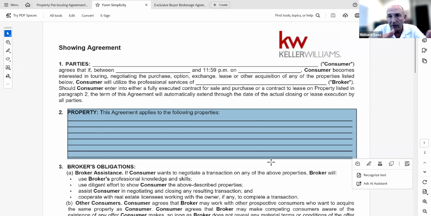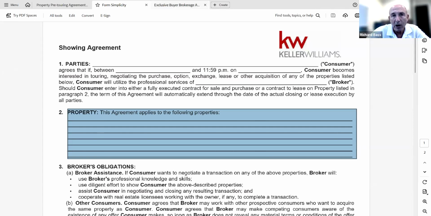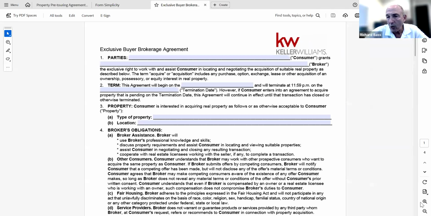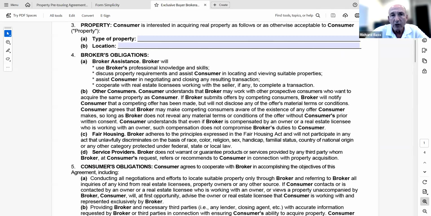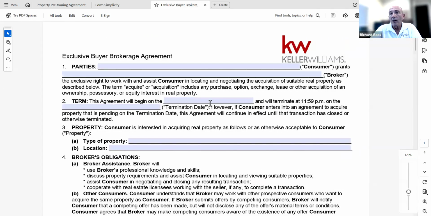They're a shopper, they're a consumer. You're agreeing to show them those 4 shoes. If they buy them, you get paid for it. My personal belief is, if you're doing your job properly, if you are showing them your value proposition, you are automatically going to the exclusive buyer brokerage agreement.